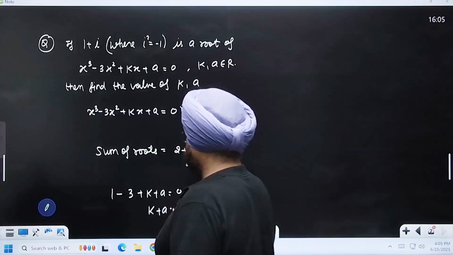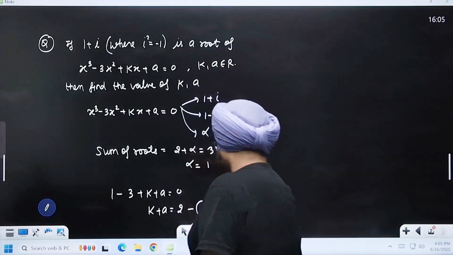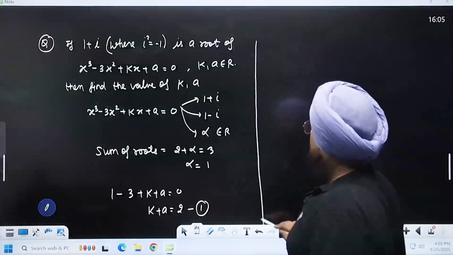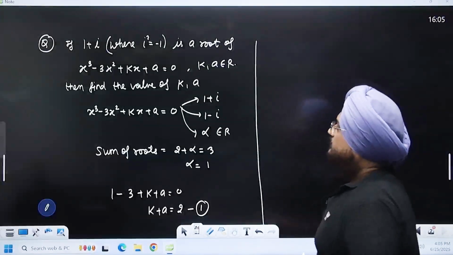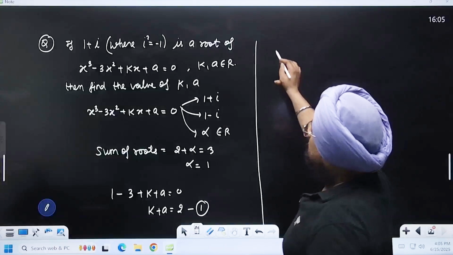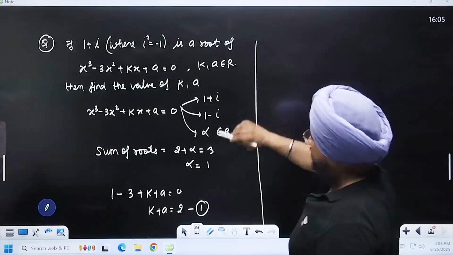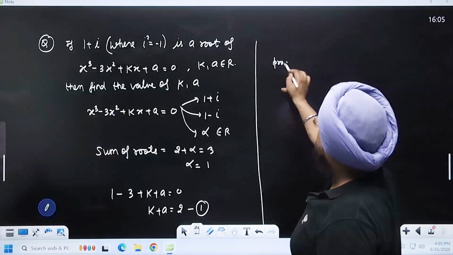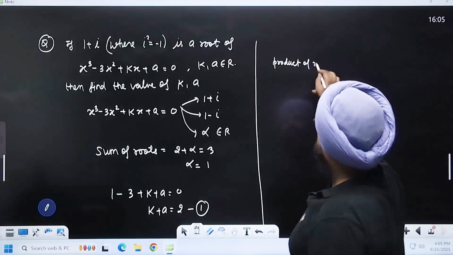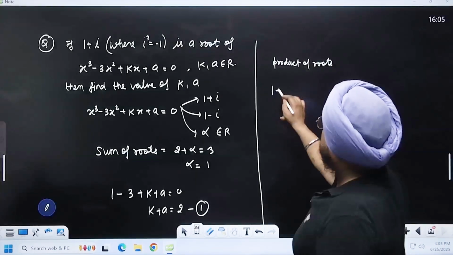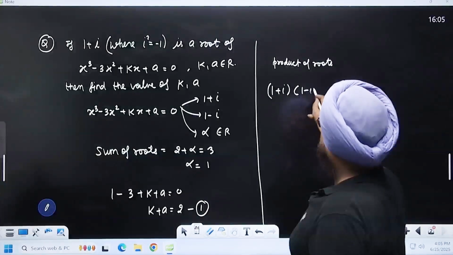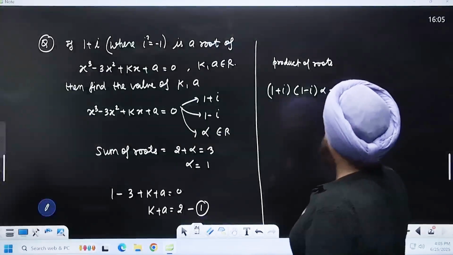Substituting the root alpha equal to 1 in the equation, it will satisfy: k plus a is equal to 2. Now we have to find the values of a and k. So the product of roots is minus a.